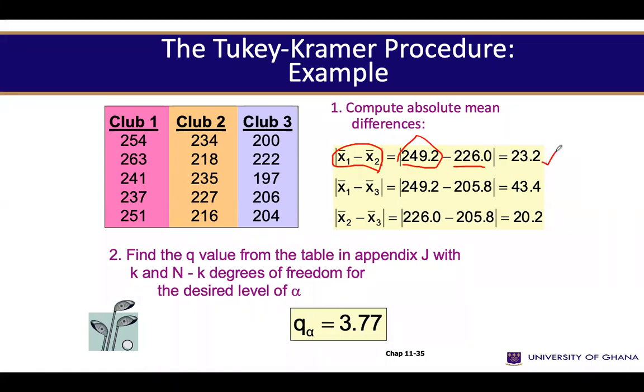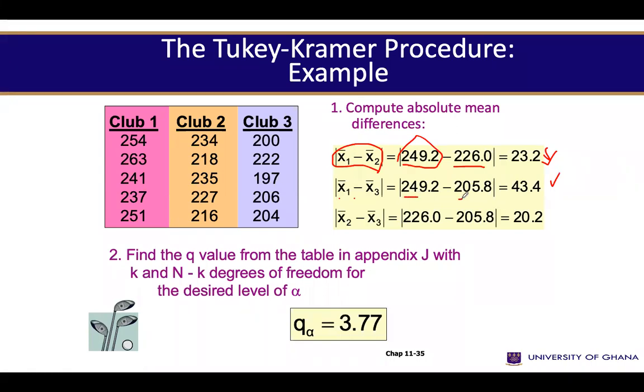Now remember that I'm not interested in the sign. I'm interested in the magnitude, so the absolute value of the difference in the two means. I compute the difference between club 1 and club 2 and I get 23.2. I compute the difference between club 1 and club 3, 249 and 205, and I get 43.4.